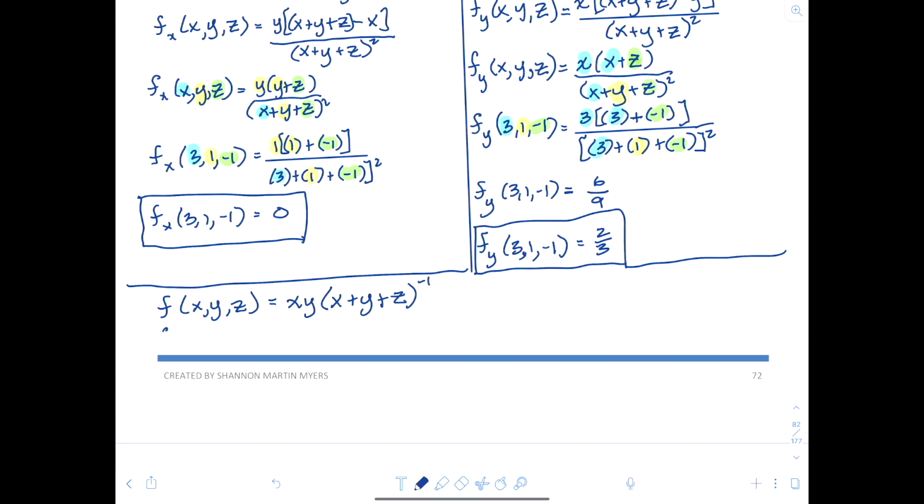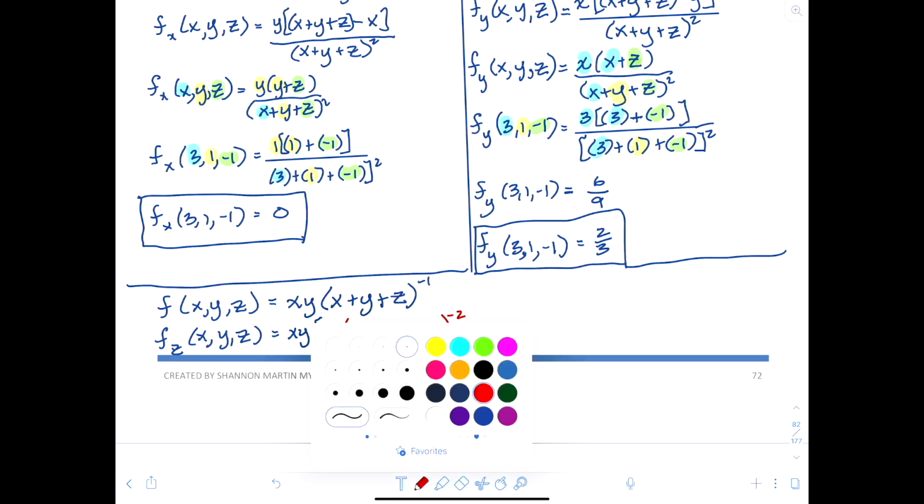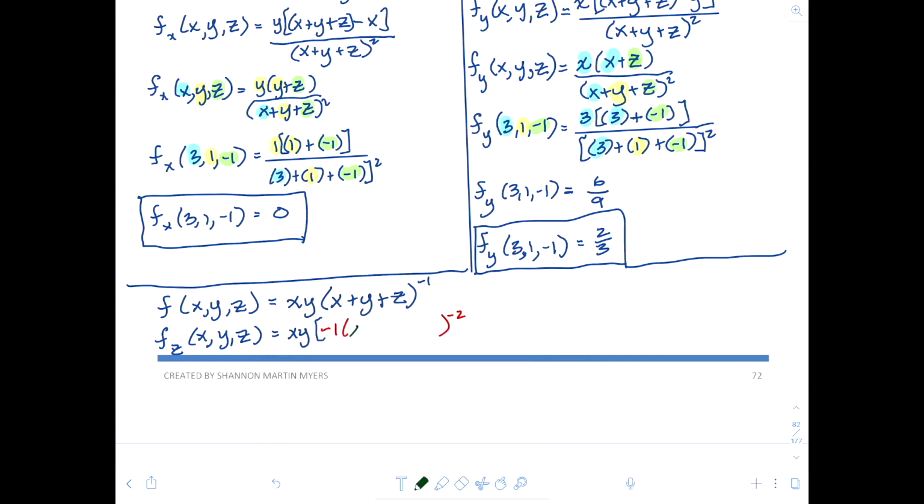So now, finding that first partial derivative with respect to z of f of x, y, and z, we'll have x, y serves as a constant. Using the power rule, we'll have negative 1 times our something to the negative 2. And then our something is x plus y plus z.